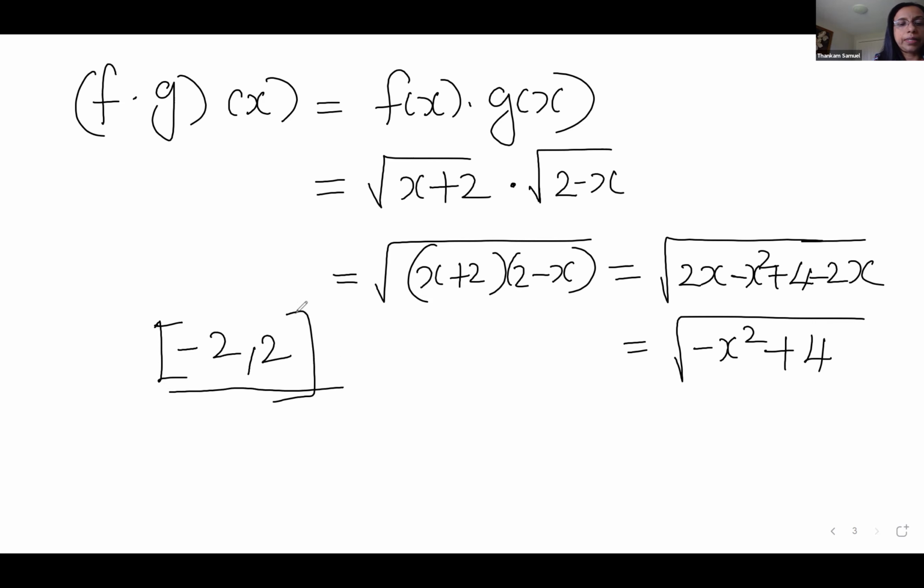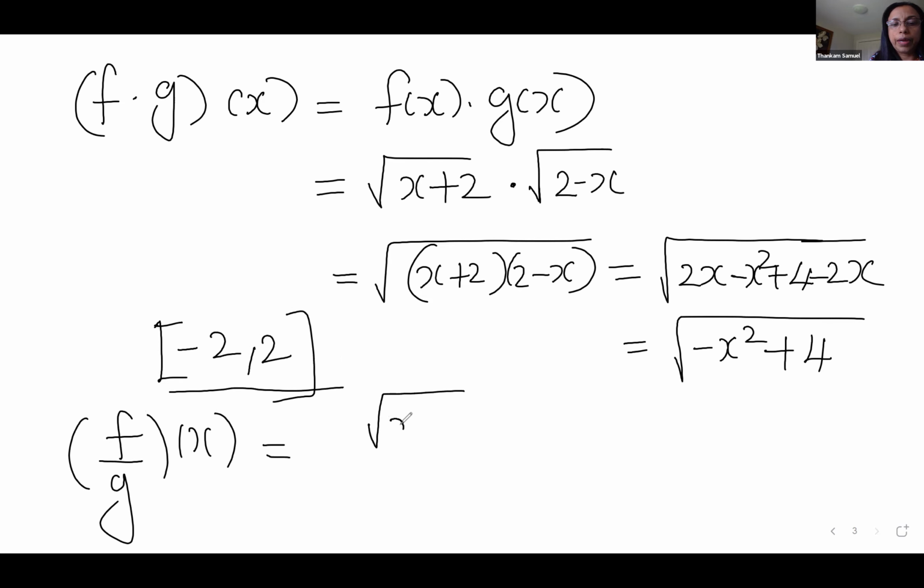Then let's consider the last one, f over g of x. So square root of x plus 2, that is f of x, divided by g of x, that is square root of 2 minus x. So when we consider the domain of each of these functions, you can certainly keep this function under the same radical, or you can just write the function separately, it's fine.